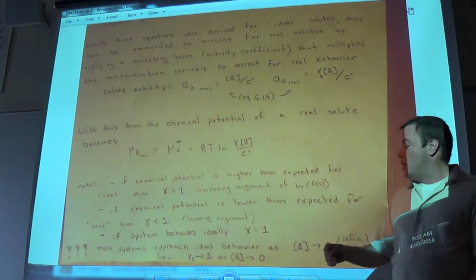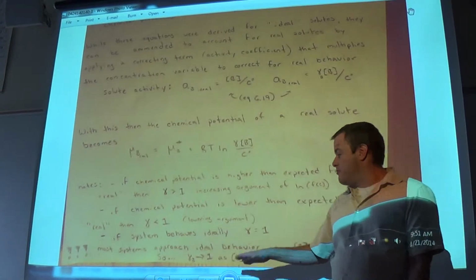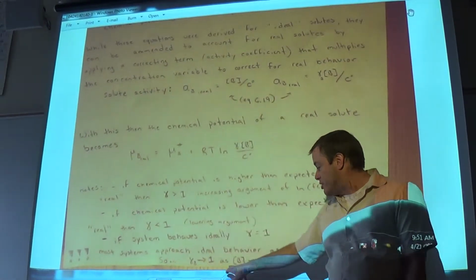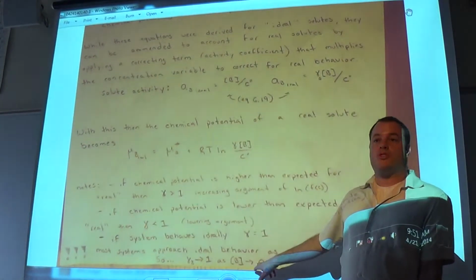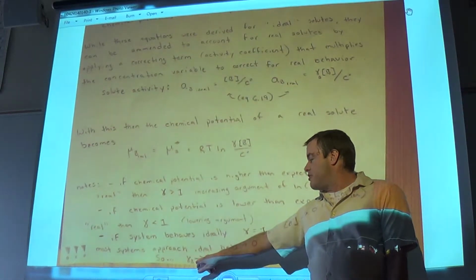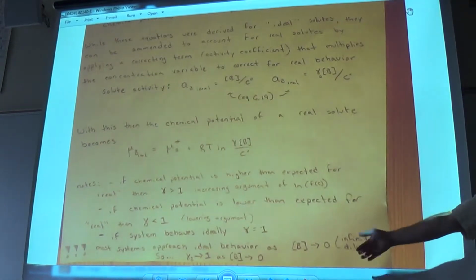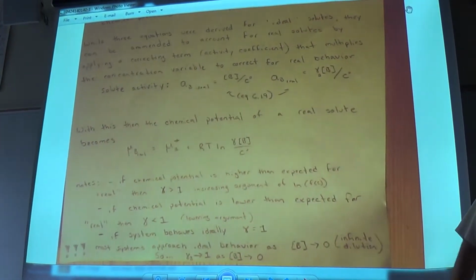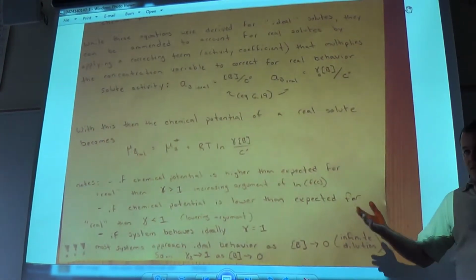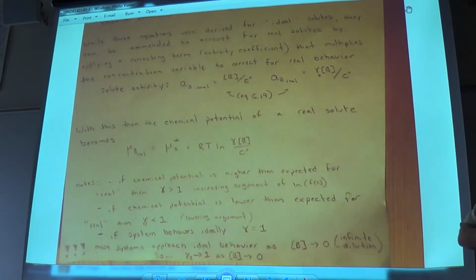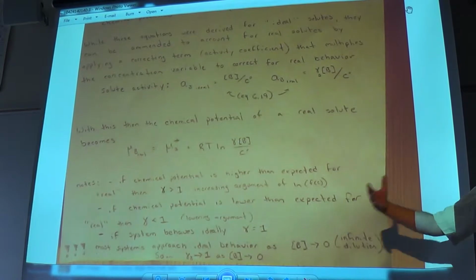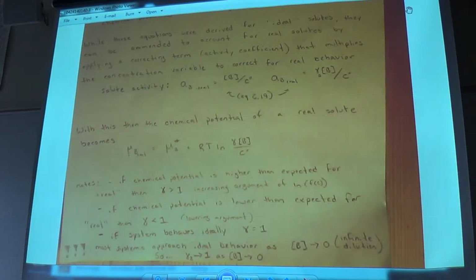And so we have the tendency that as the mole fraction or the concentration of a system goes to 0, the activity coefficient becomes closer and closer to 1. And 1 is what the activity coefficient would be if the system were behaving ideally. So when you see that in your book and they say as concentration goes to 0, activity coefficient goes to 1, this is because systems obey Henry's law in the limit of infinite dilution.